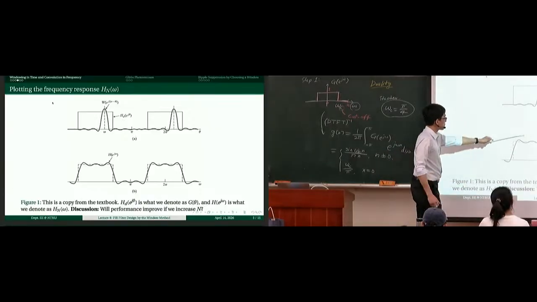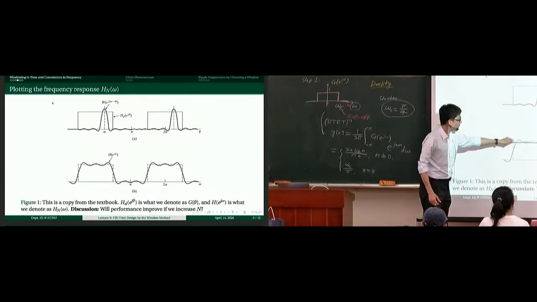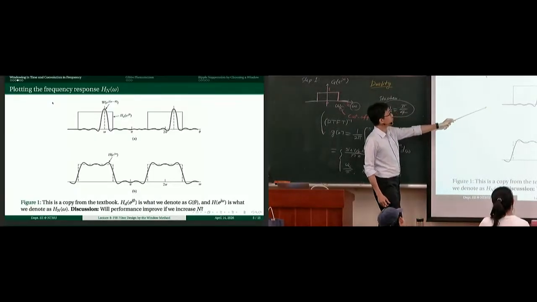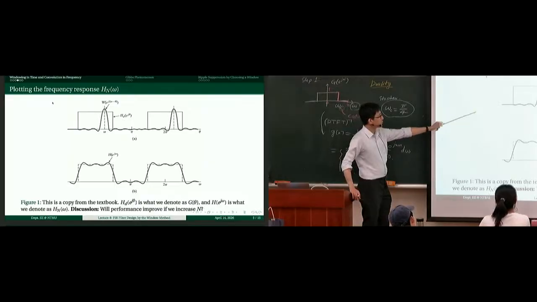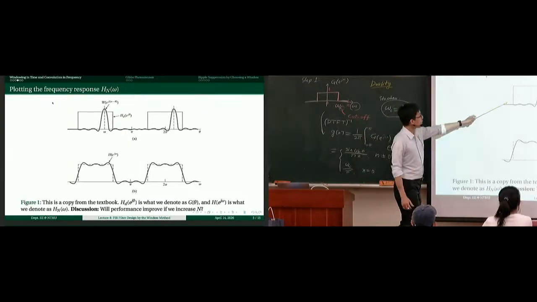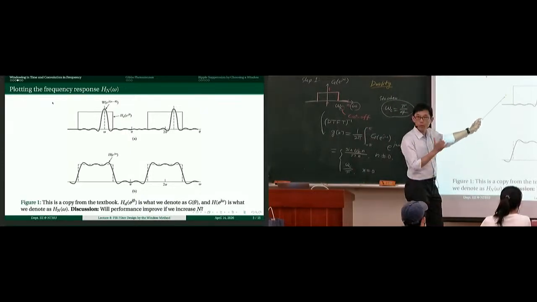So here the frequency response looks like that, okay? But in this figure, what is it trying to explain? This figure is trying to explain what we call the convergence theorem of the second kind. Here we are actually seeing the convolution in the frequency domain.